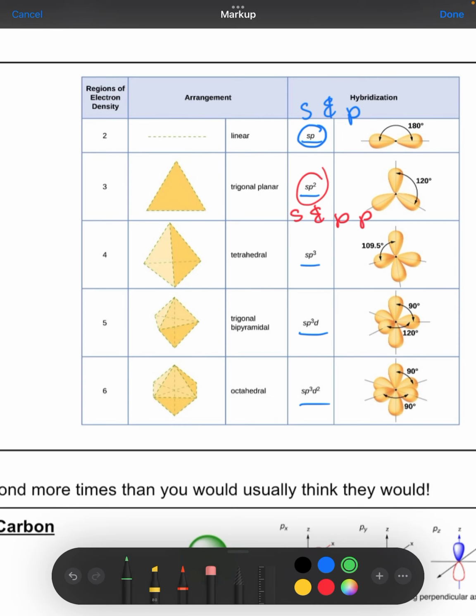If you are sp3 hybridized, that's an s orbital and all three of the p orbital spaces in any particular subshell hybridizing. If you have an sp3d, that means an s, the three p orbital spaces, and a d orbital space are hybridizing together. And then lastly, if you have an sp3d2, that means an s, three of the p's, and two of the d's are hybridizing together to create these shapes that you're seeing over there.